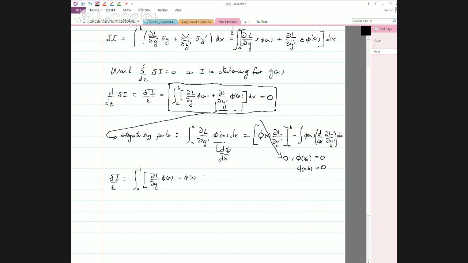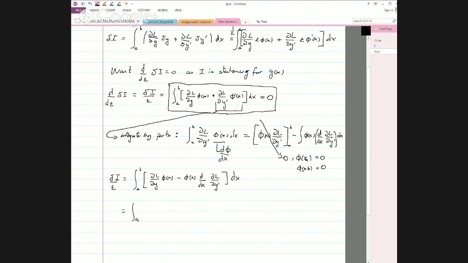So now writing this out correctly, our integral becomes ∂L/∂y times phi of x minus phi of x times d/dx of ∂L/∂y prime. So that does not seem more simple than we had before. But actually it is.